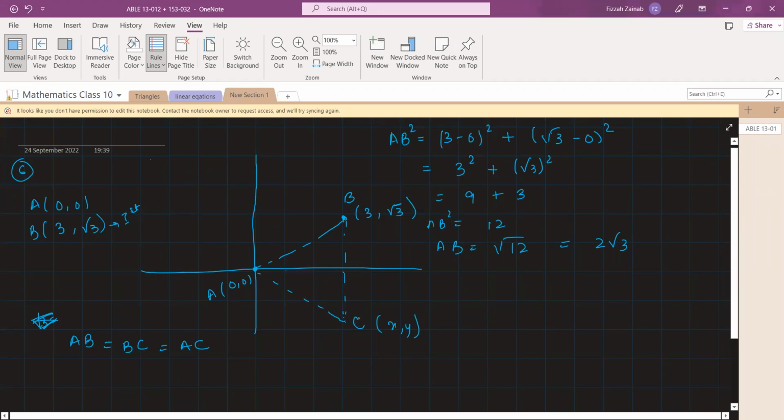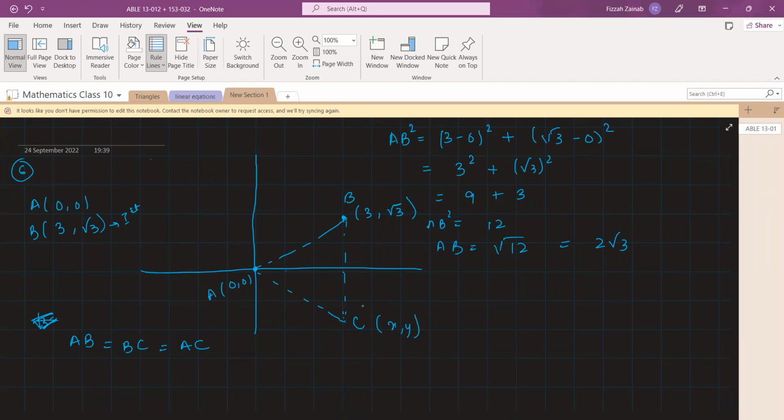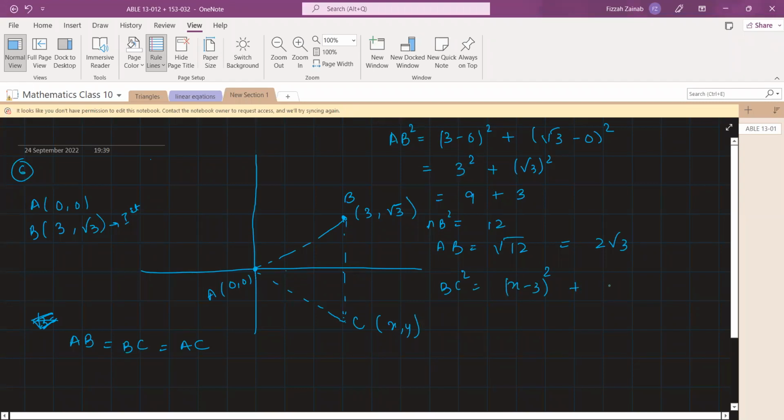Now we don't know C, so let me call it x and y. We can calculate BC square now. So this will be x minus 3 whole square plus y minus under root 3 whole square, sorry, y, not 4. So this will be x square plus 9 minus 6x plus y square and then plus 3 minus 2 root 3y.